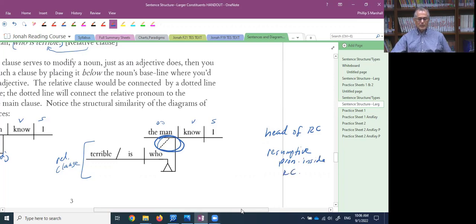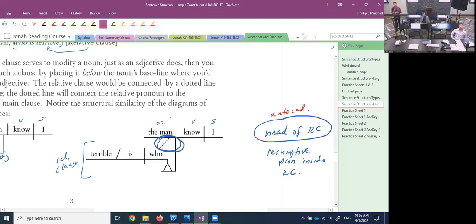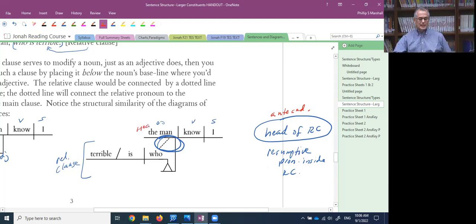Anytime we have a relative clause, the head of the relative clause is the thing the relative clause modifies. So what's the head of the relative clause in "I know the man who is terrible"? Sometimes we also use the word antecedent. What's the head? Is it man? Yes, the man is the head.